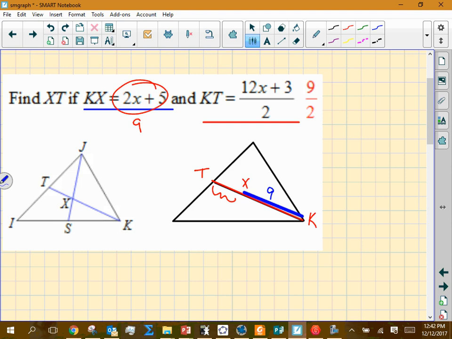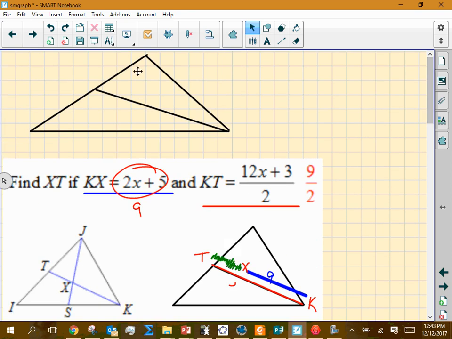Okay. Now you've got some options here. You can do it maybe two different ways. If I know that this blue is 9, how does that blue relate to that green section? How do we compare those two things together? Going back maybe up to this picture, okay, I guess it deleted.